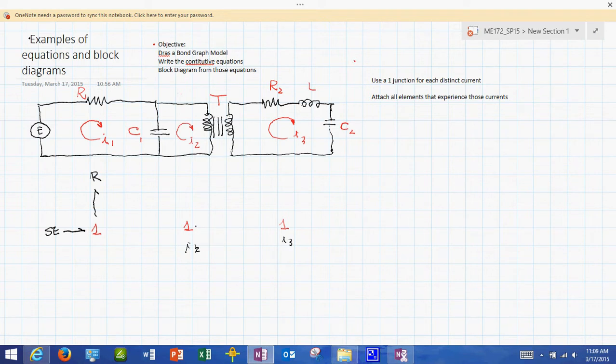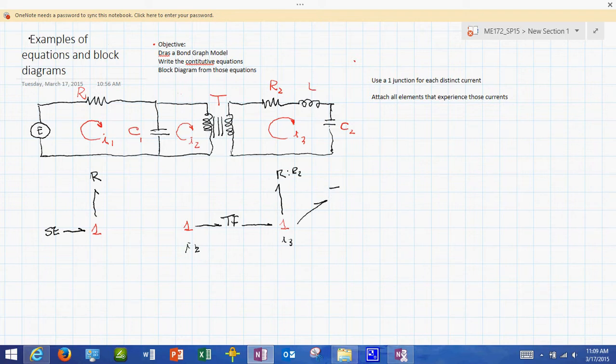You have this TF element, so that's TF like that. And then in here you'll have R with value R sub 2, and you have this here.